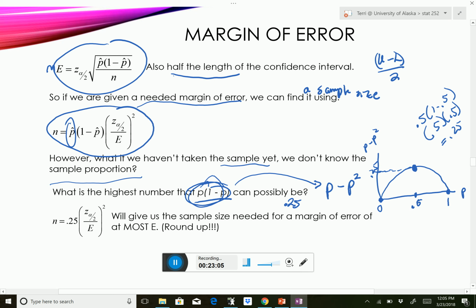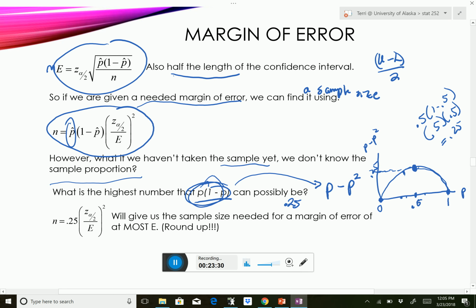If I'm at 0.4, 0.4 times 0.6 is 0.24. If I'm at 0.3, 0.3 times 0.7 is 0.21. You see what I mean? It goes up, but then if I'm at 0.6, it's 0.6 times 0.4 again, so it's going back down. So the highest it can be is 0.25.